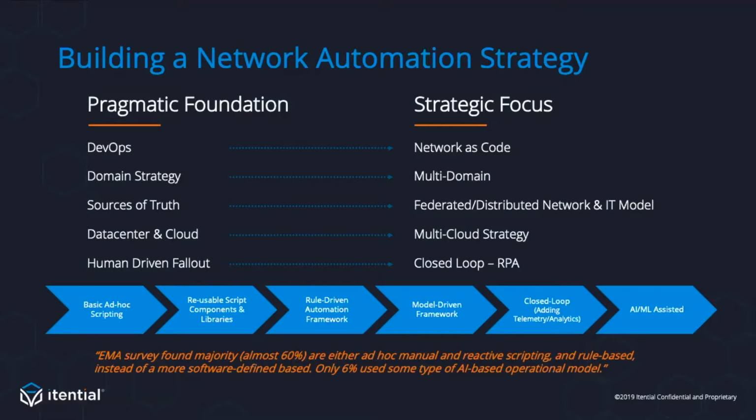But that's all very laudable in terms of the vision and getting there. But the reality that we see, and this, based on the EMA survey, is that a lot of organizations, most of those who have implemented network automation, are still on the ad hoc side of the equation.